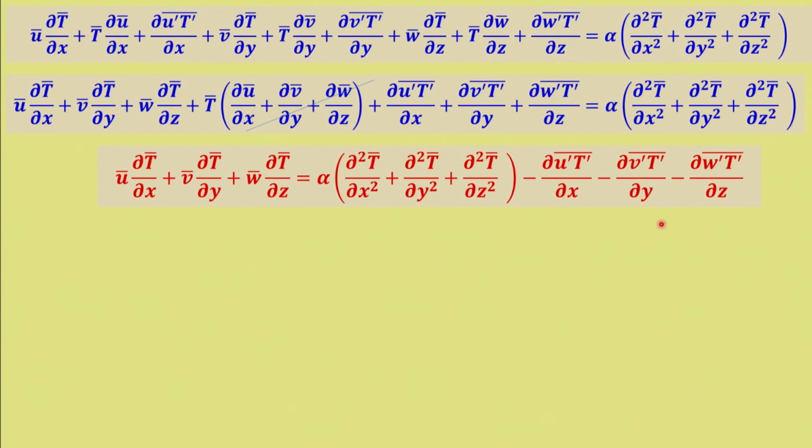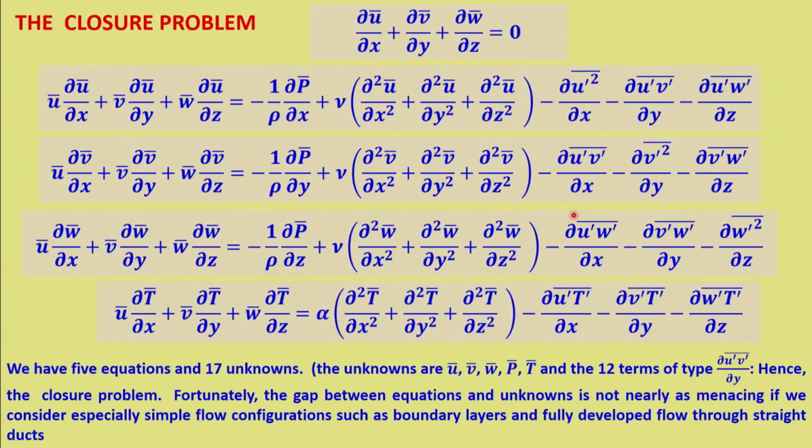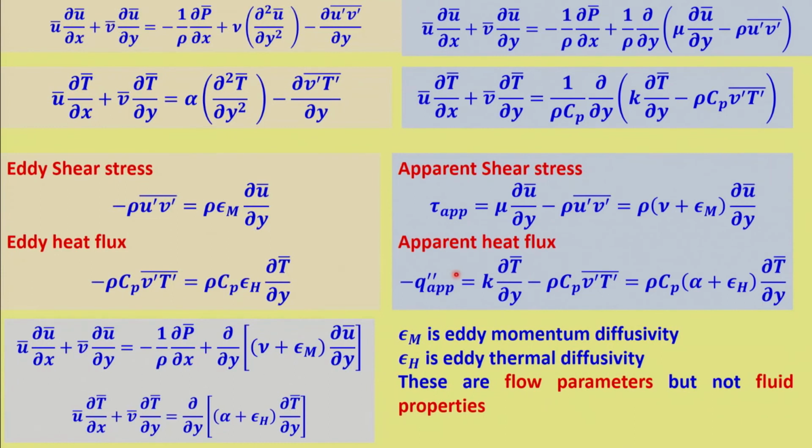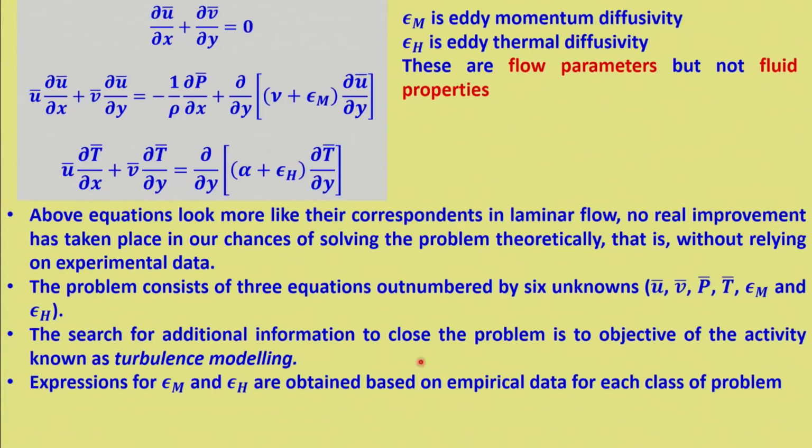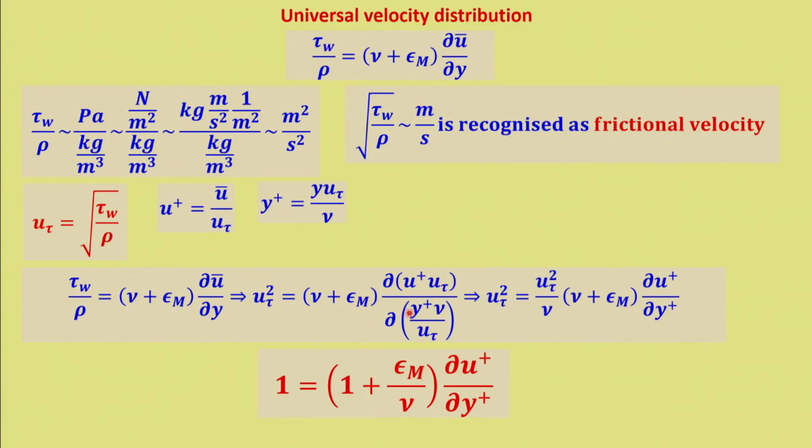We did the same Reynolds averaging for the energy equation also, and we found that there is a closure problem, and we defined the eddy diffusivity in terms of the mean velocity. Why this quest? Because we always want to express things which are measured with respect to the pitot tube. So we have done that, and there is still a closure problem.